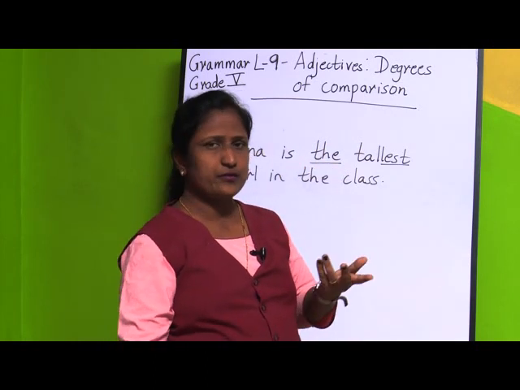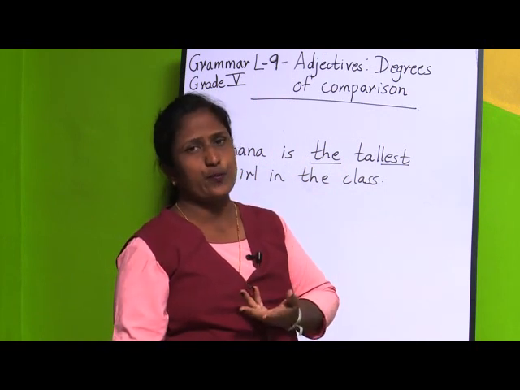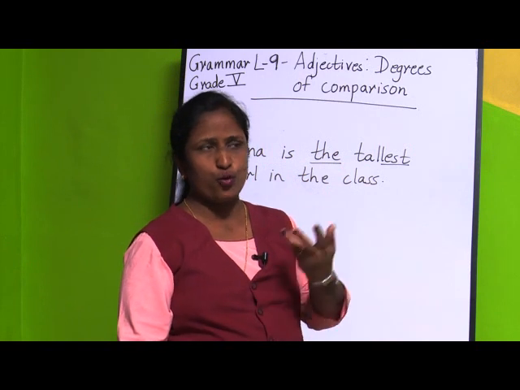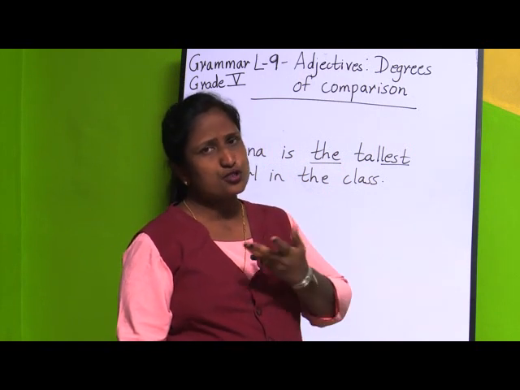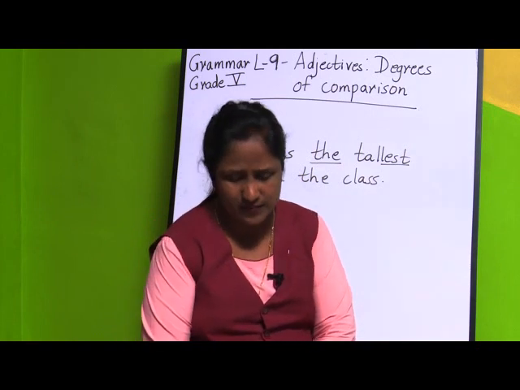And also we know we are going to add er for comparative, est for superlative, and more for comparative and most for superlative degree. So, it was all about how to use the degrees of comparison.